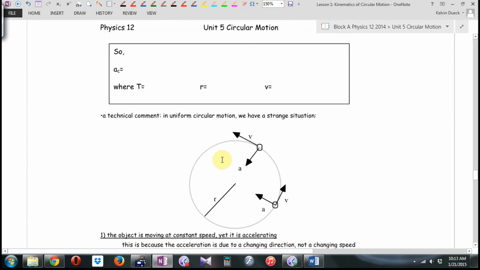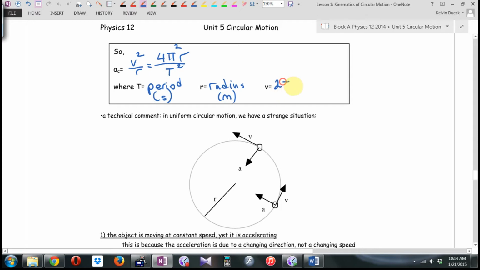So, let's summarize. AC equals v squared over r. Also equals 4 pi squared r over t squared, where t equals the period in seconds, r equals the radius in meters, and v, well, you can calculate it if they don't give it to you.